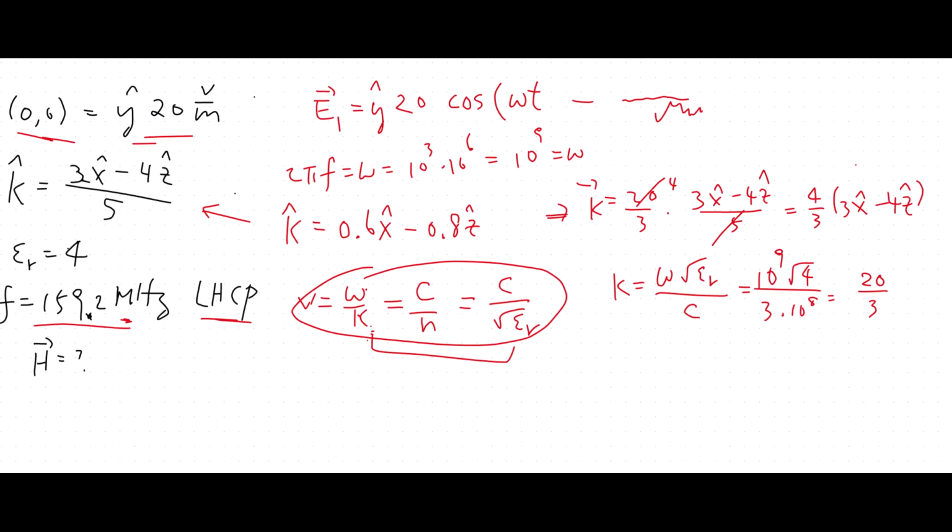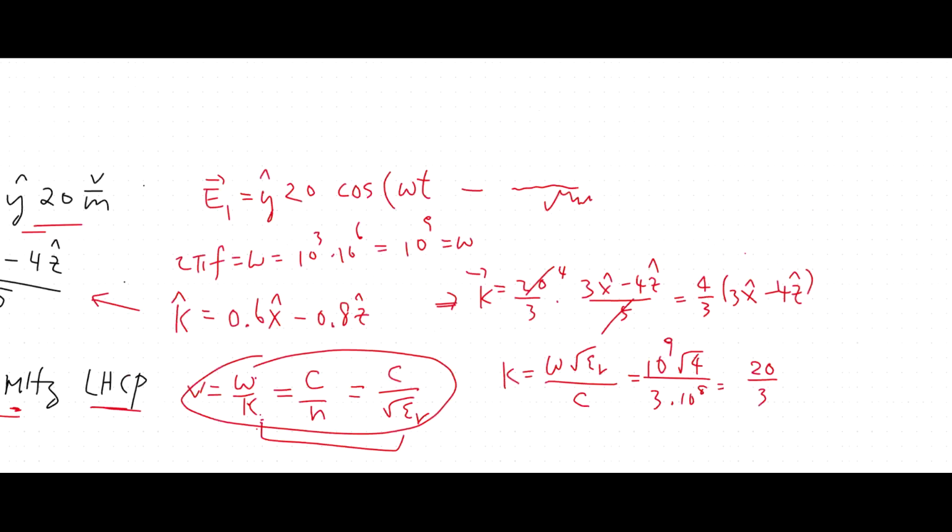What do I write in my expression? You just take the negative of this and remove all the hats. So this is negative 4/3 times (3x minus 4z).